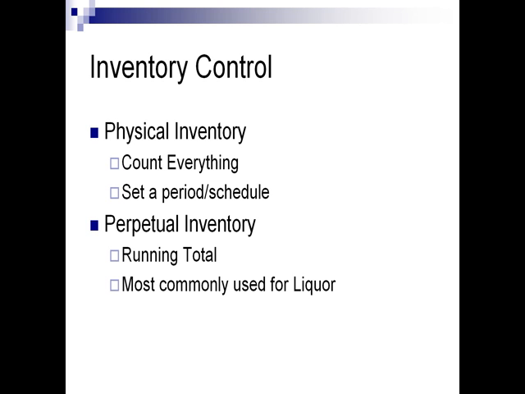So you go through your Jack Daniels, we have 4, your Crown Royal, we have 6, and on Monday morning you'll have your physical inventory done, and we'll record those on Monday on the perpetual inventory sheet.